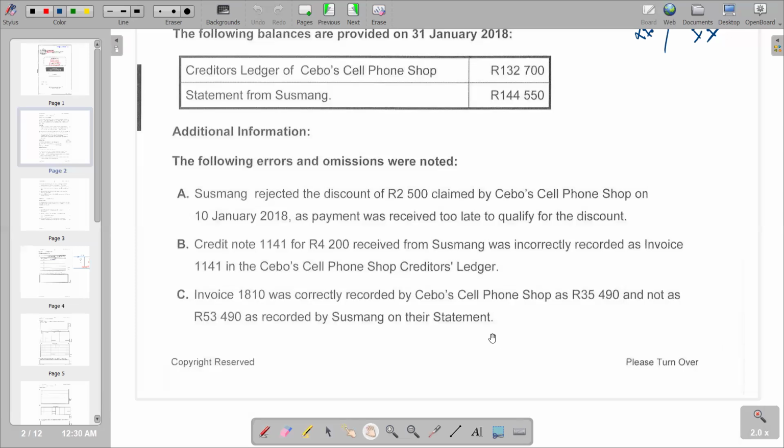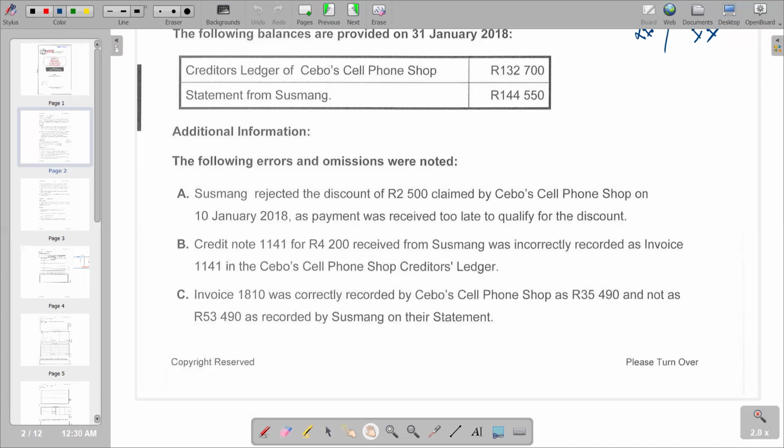So the first thing to identify is which of the two documents is being affected, between the creditors ledger and the statement. In this case, credit note 1141 for 4,200 received from Sussman was incorrectly recorded as invoice 1141 in Sable's books.